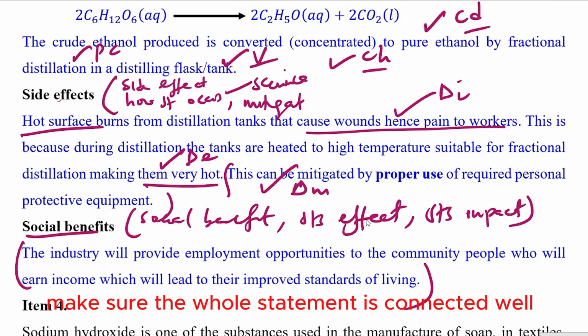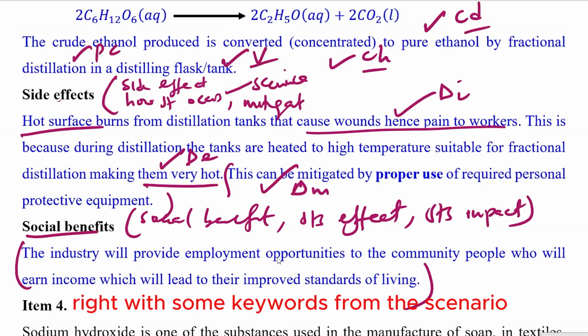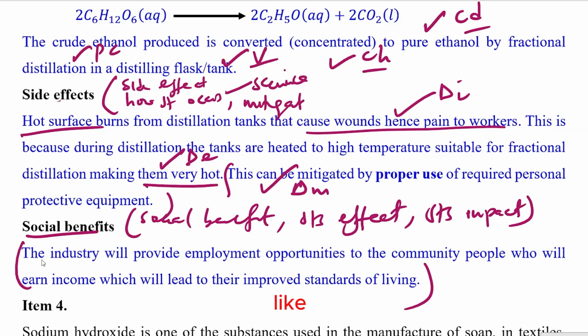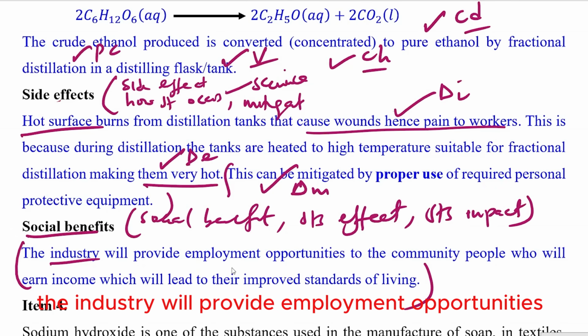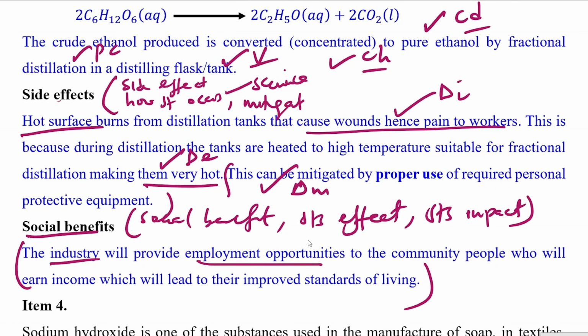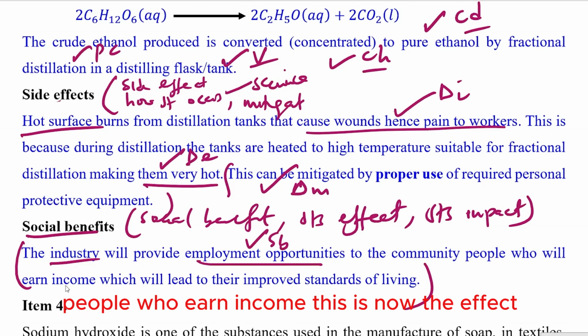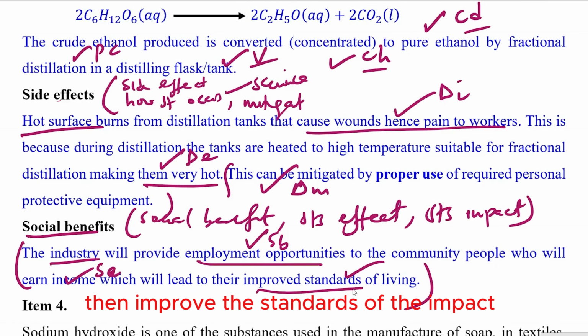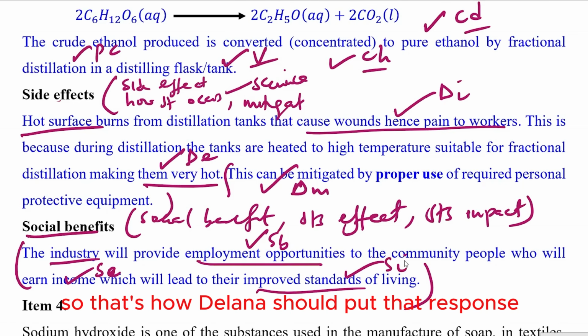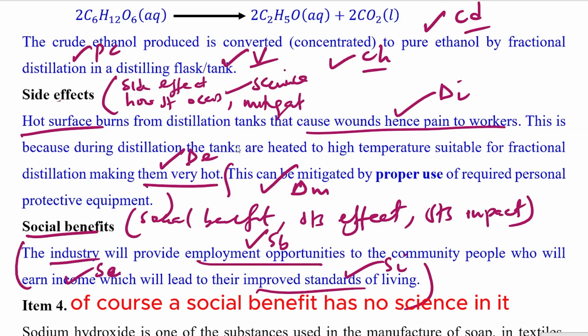Make sure the whole statement is connected well with some keywords from the scenario, like the industry will provide employment opportunities. So this is the social benefit. To the community people who will earn income, this is now the effect. Then improved standards of living is the impact. So that's how the learner should put that response. Of course, a social benefit has no science in it.